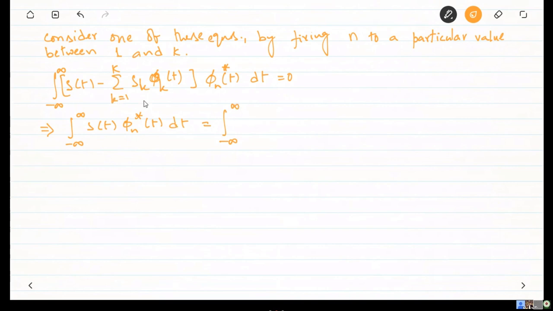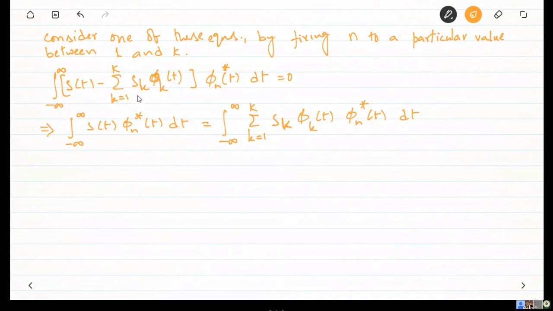so these are two integrals, right? This multiplied by this and this term multiplied by this. So I'm just writing them separately, into the sum over k equal to 1 to capital K of Sk phi k of t into phi n conjugate of t dt, right?